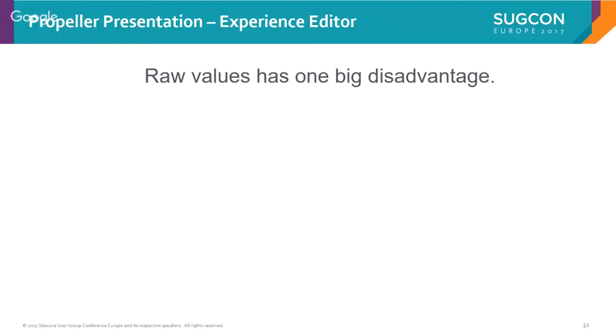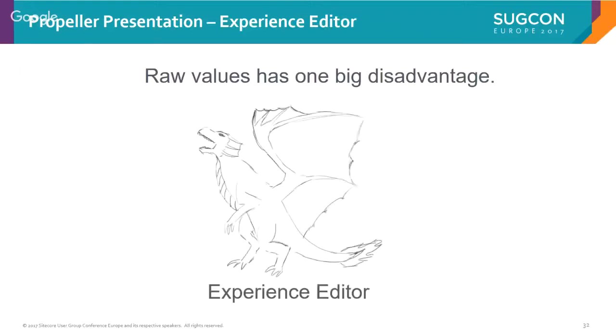But of course, there's one big disadvantage to this approach, and that is the experience editor. It instantly throws a blocker in, because a lot of the time we have to support the experience editor.